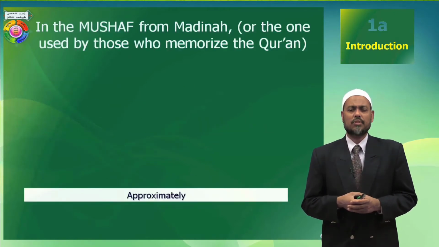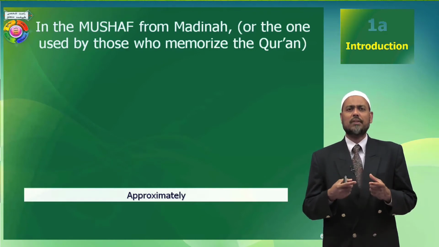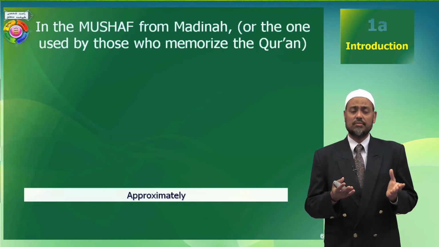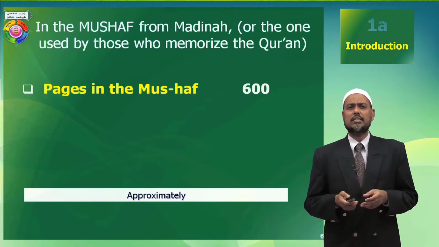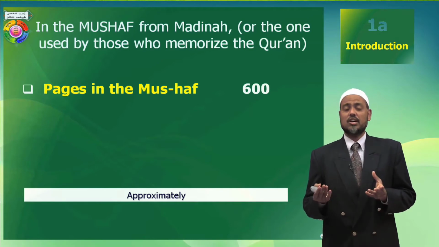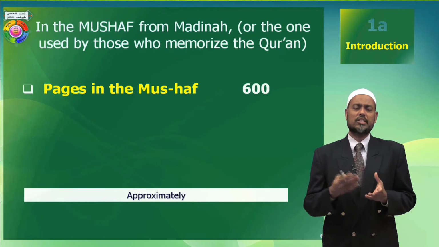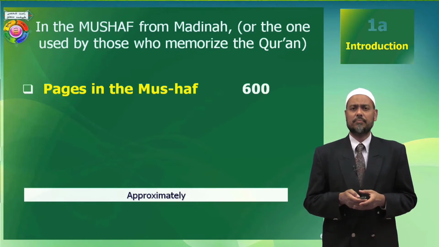In the Mus'haf from Al-Madinah, or the one used by those who memorize Quran, the Hafidhi Mus'haf, there are 600 pages. There are 30 juz or paras, so each para has 20 pages, so 30 times 20 is 600.